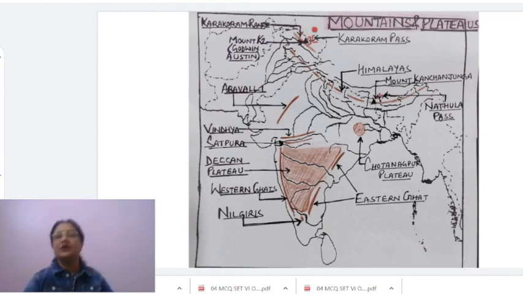In total, the mountains, plateaus, two passes and two peaks, all these you have marked in this map. So you have to practice all these. In the earlier syllabus, Garo, Khasi, Jaintia hills were also there, but this time under the reduced syllabus it has been taken out. So that's all with this, children, and we are going to meet again in the next video.